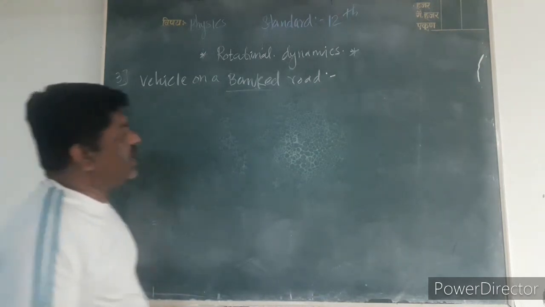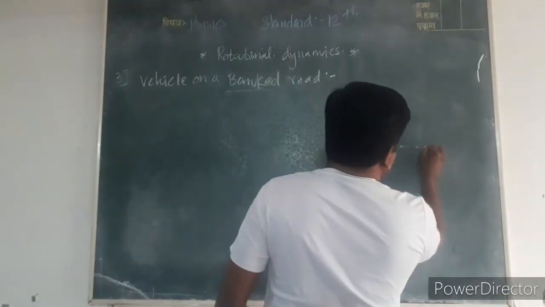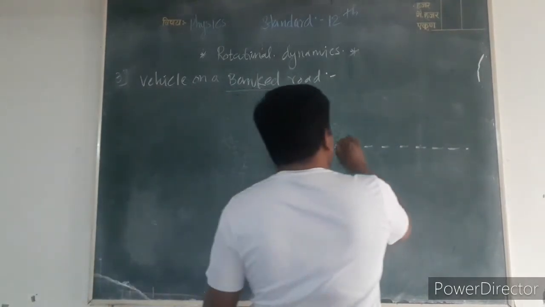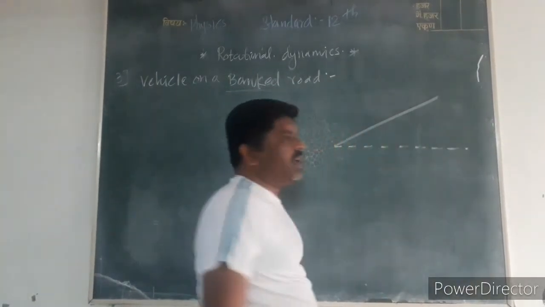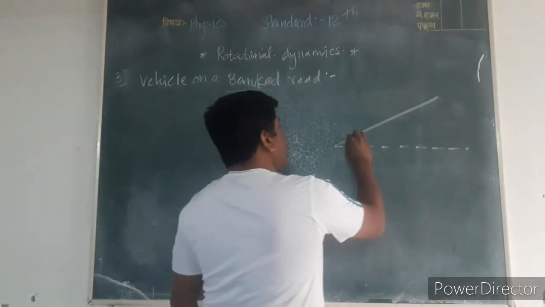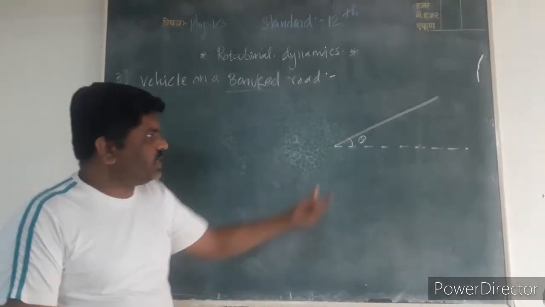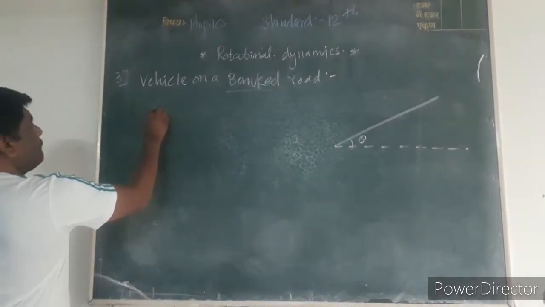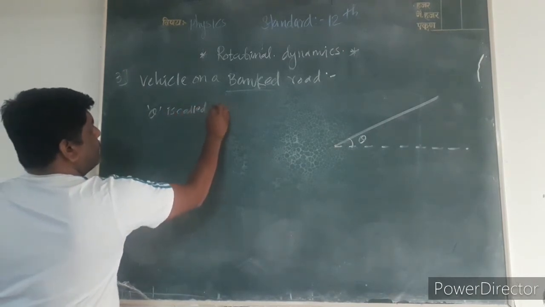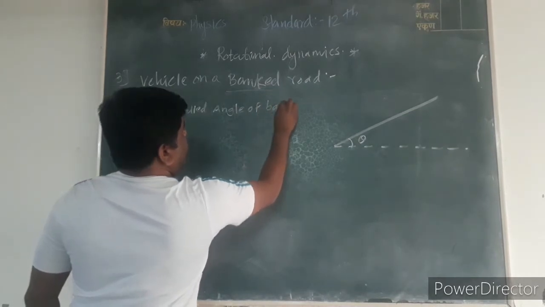Now suppose this is the road surface, horizontal, and this road is curved or banked at an angle theta, where this theta is called the angle of banking.